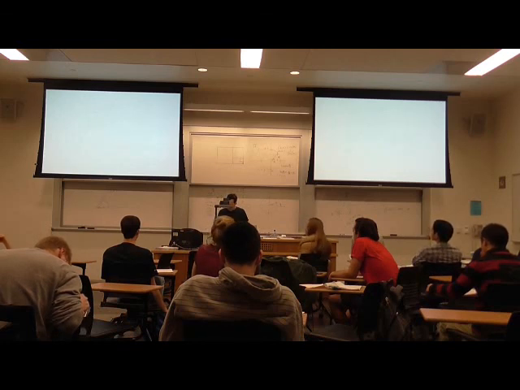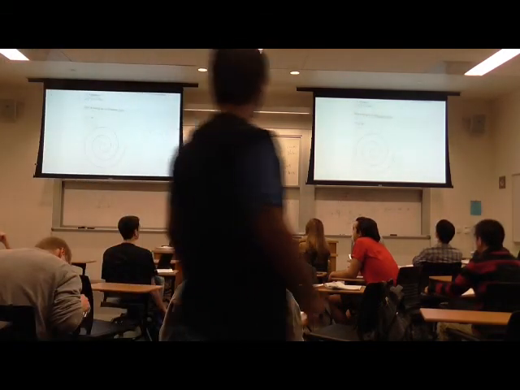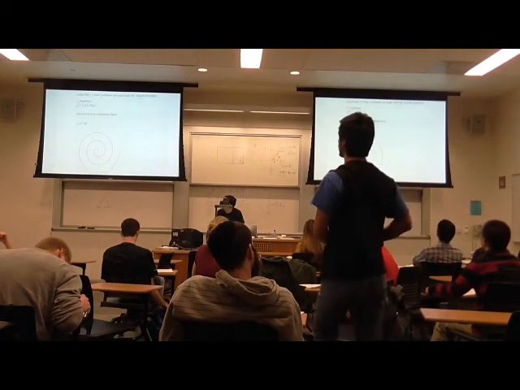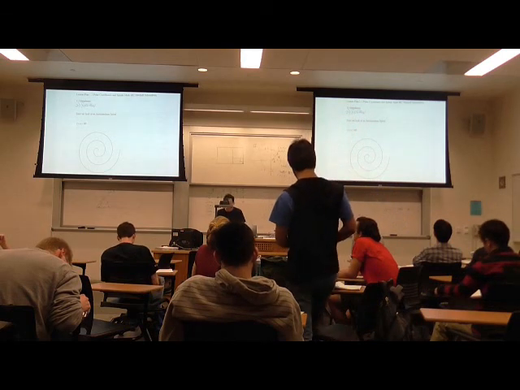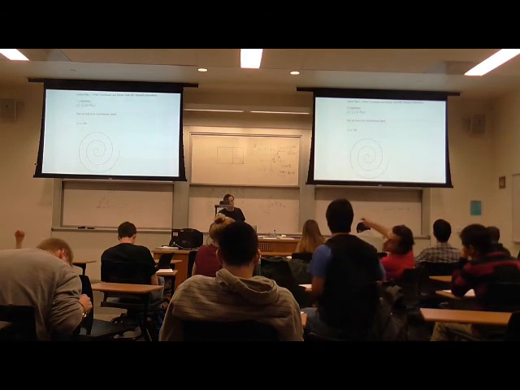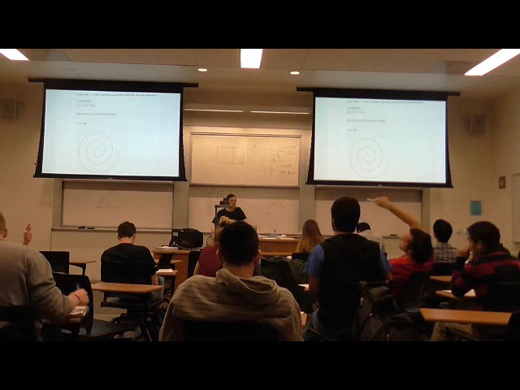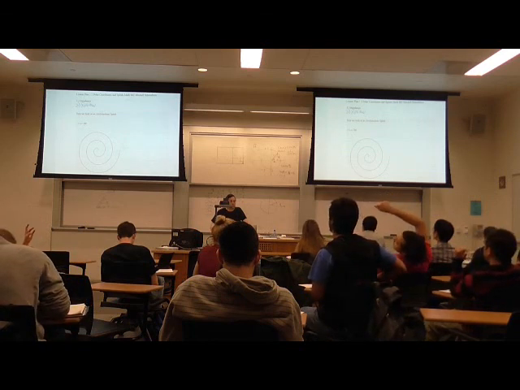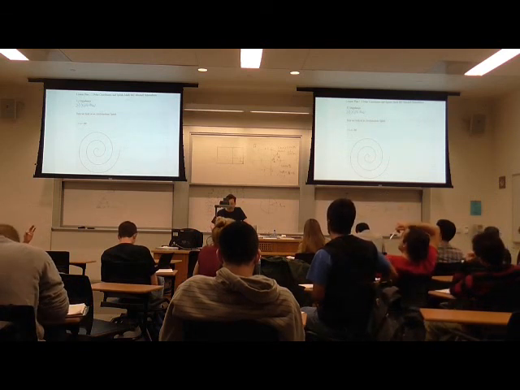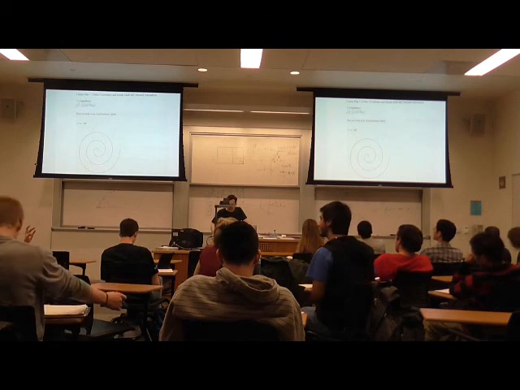I have a little bit of a history lesson, which kind of ties in with what we were talking about yesterday, or Tuesday. You remember we were doing polar coordinates?